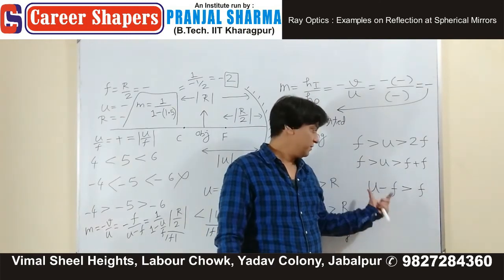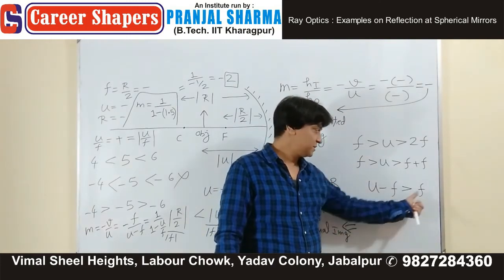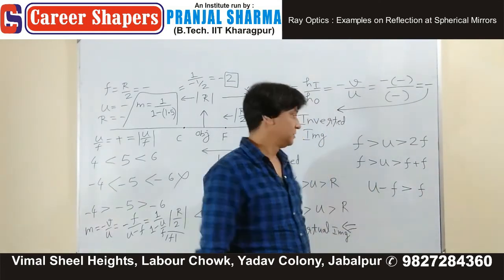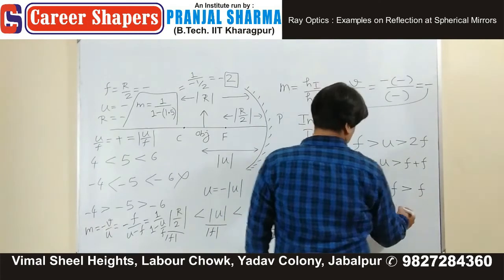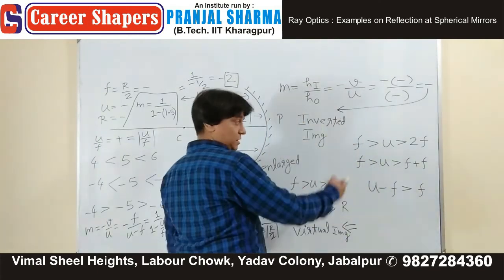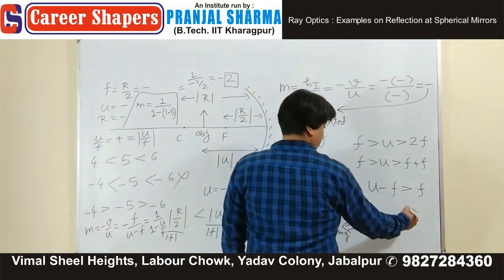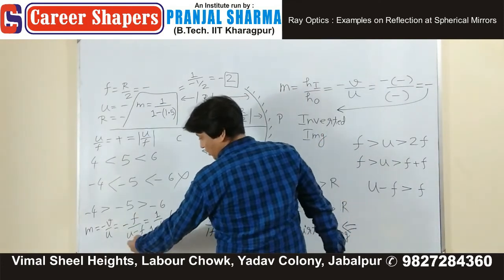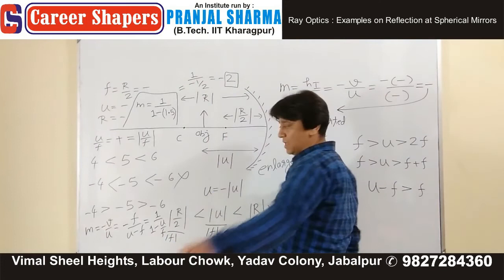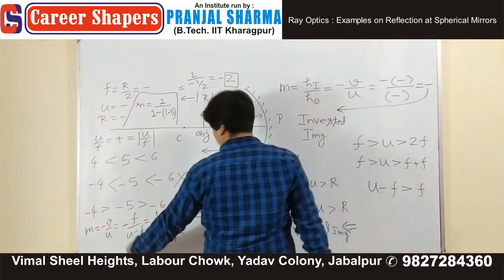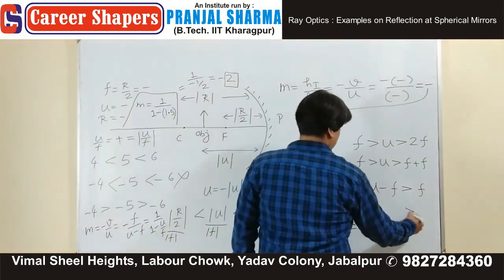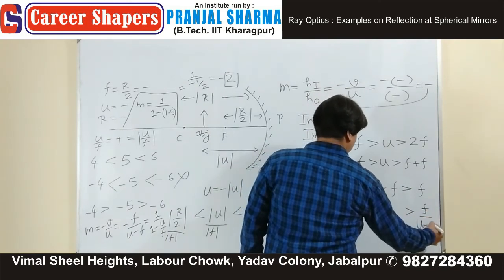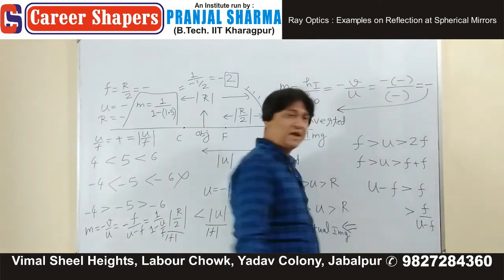Now, if I say u minus f is greater than f, then look carefully. I need the ratio of f upon u minus f. f upon u minus f. f upon u minus f.